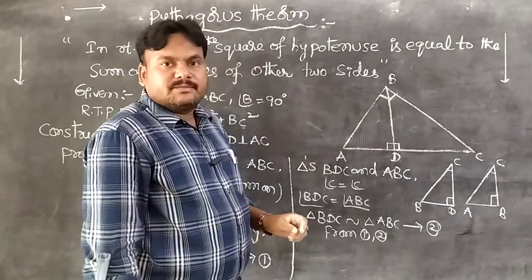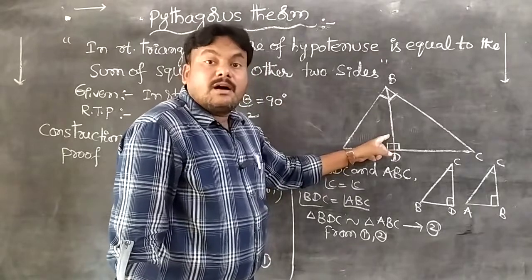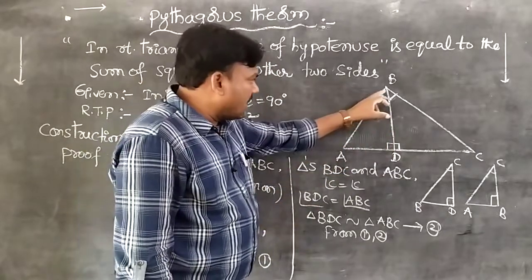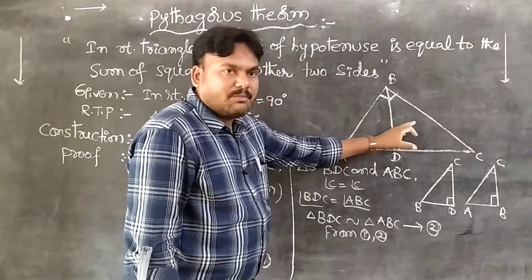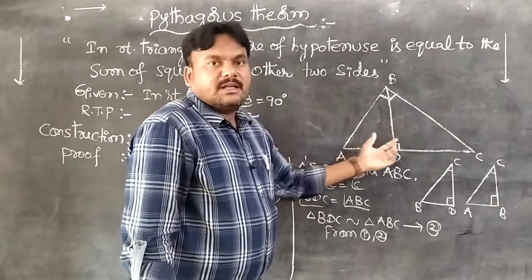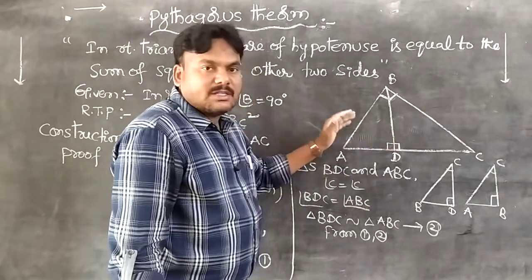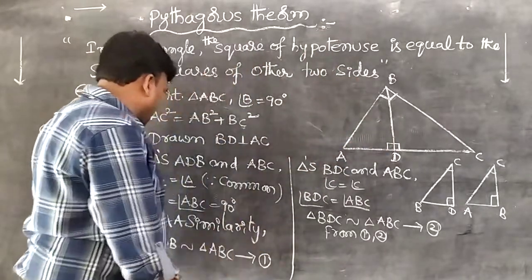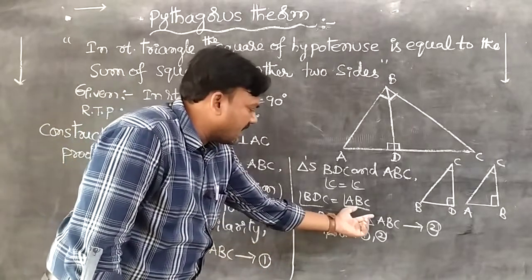The triangles on both sides of a perpendicular line are similar to the whole triangle. That means while drawing a perpendicular line, the main triangle is divided into two parts, and each part is similar to the whole triangle ABC. That means triangle ADB is similar to triangle ABC, and triangle BDC is similar to triangle ABC.